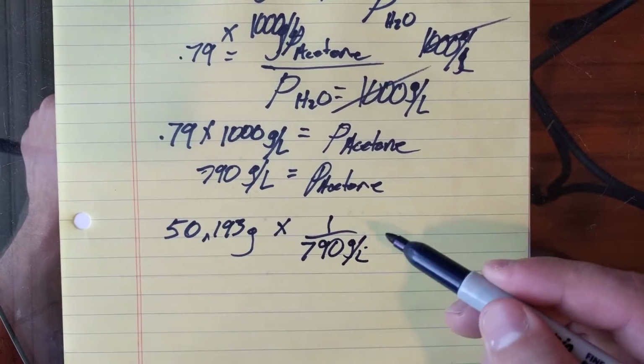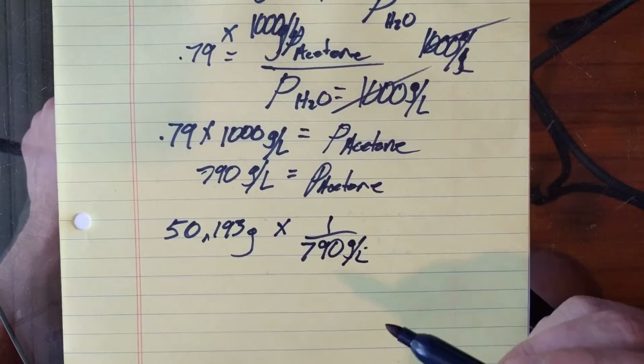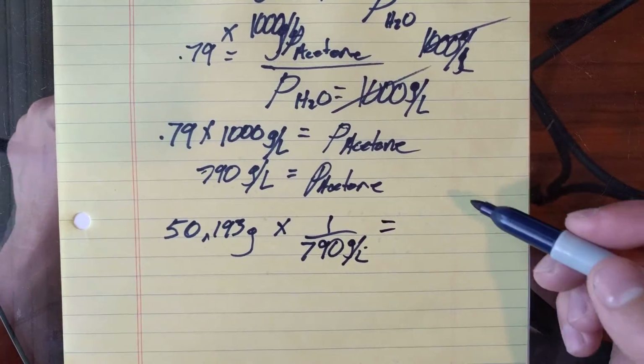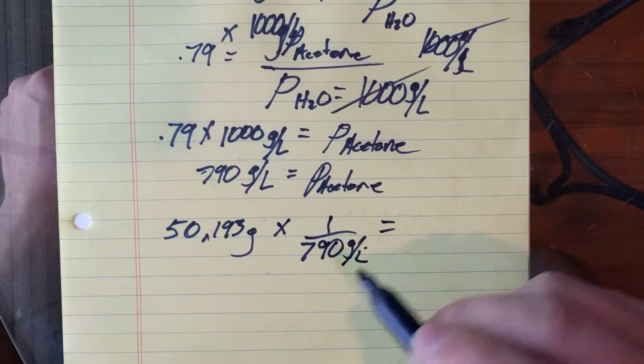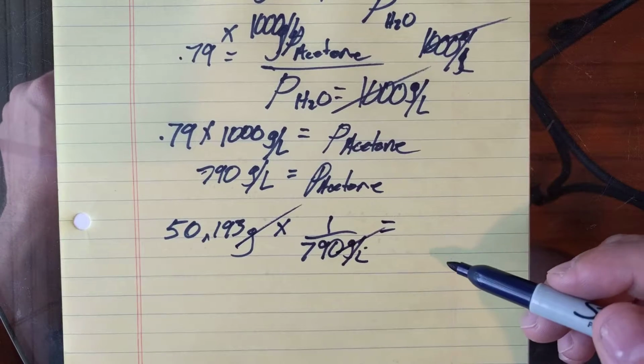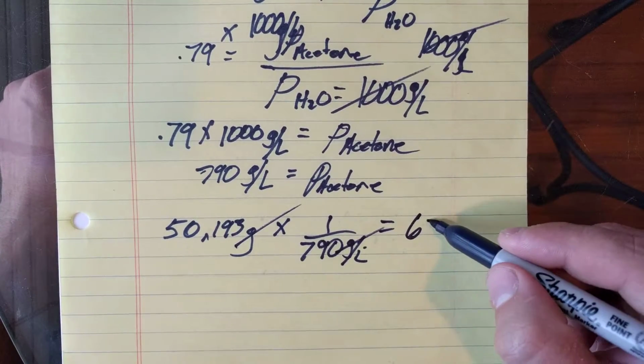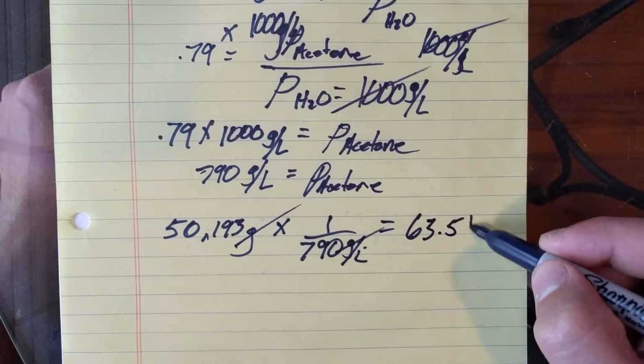And what that'll do is flip this upside down. 1 over any fraction inverts it, right? Creates the reciprocal. And so my grams will cancel, and now I'll just have how many liters of acetone I have. And once I've done that, I have my answer.